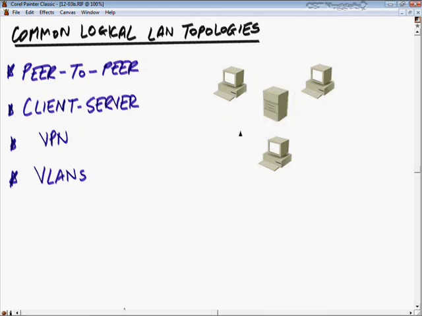Now, in the peer-to-peer network, all of the nodes or the hosts basically simultaneously perform as both the client and the server, serving up the data or the service. But in a client-server environment, you can have a server or a network operating system as the central point between these different nodes or hosts.